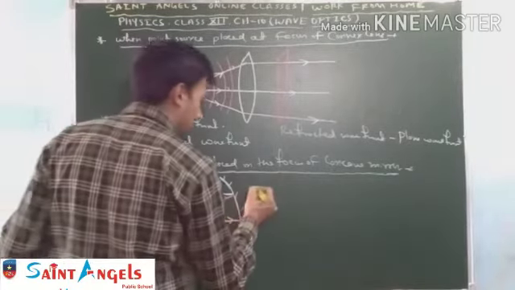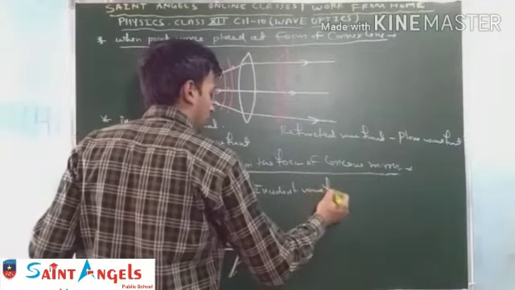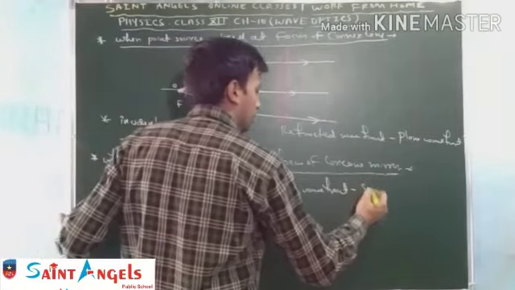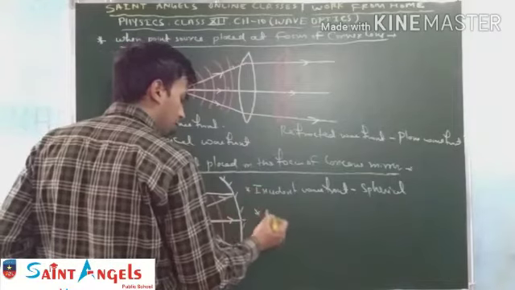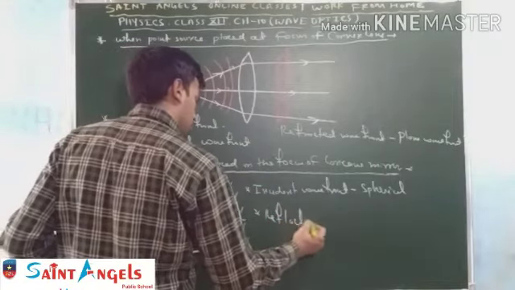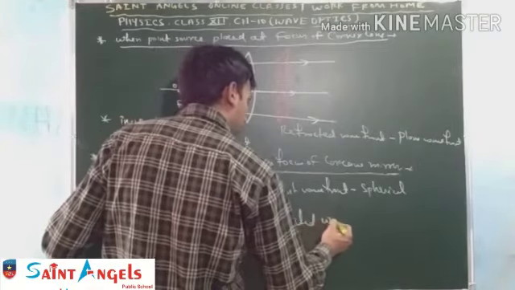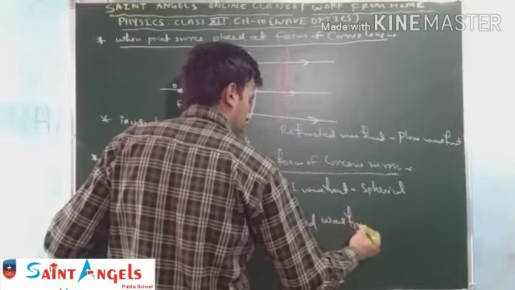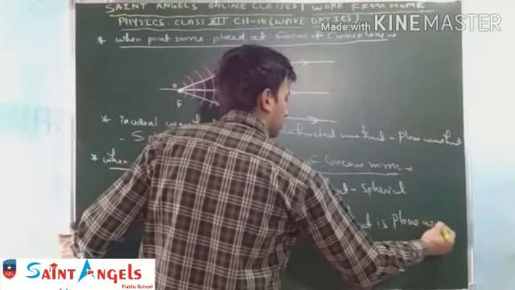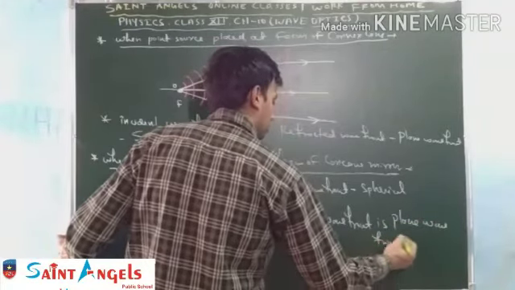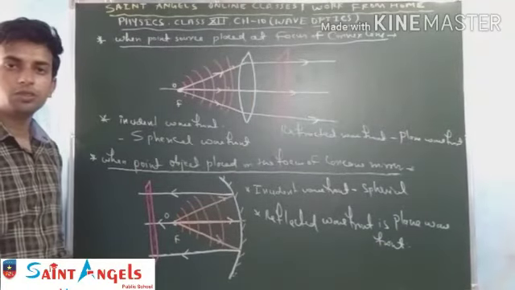So the incident wavefront is spherical, while the reflected wavefront is plane wavefront. So please pause the video and note in your notebook.